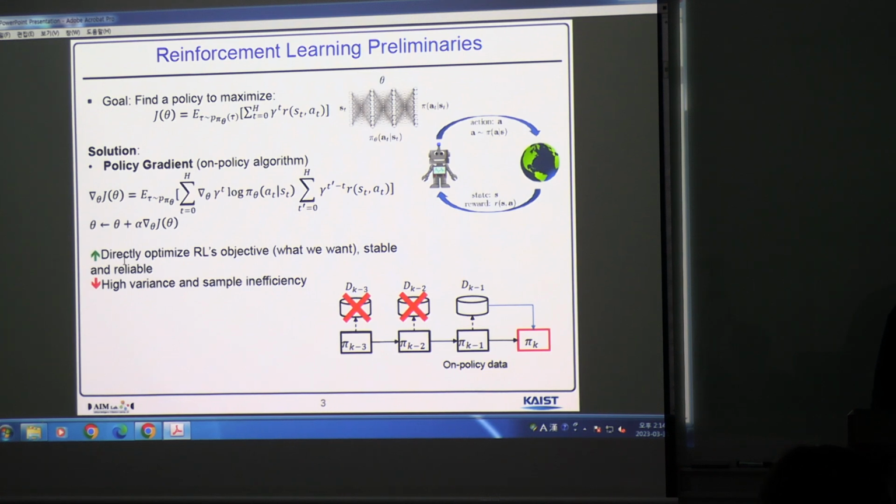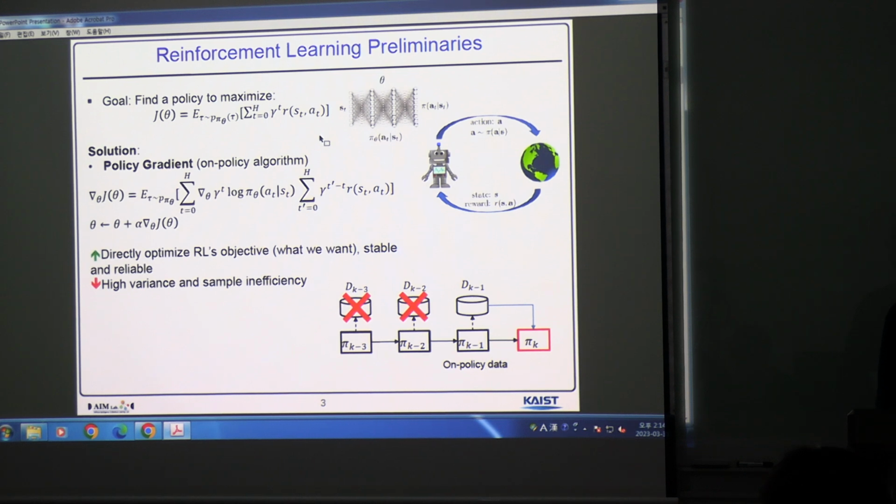The advantage is that this method directly optimizes the RL objective here. It means that what we want to optimize, we directly optimize that. So it is very principled, and it's stable and reliable to use. But the disadvantage is that it has very high variance.